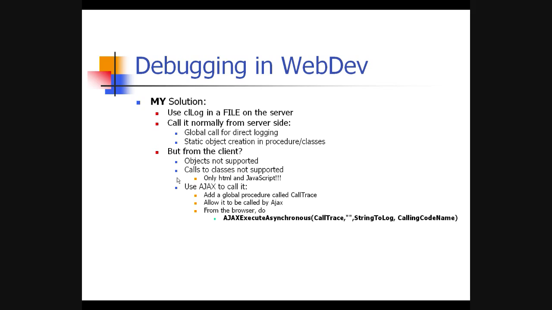Well, because one of the things that doesn't work in browser code is the debug info name of the calling code. It's all done automatically in the trace method if you're not passing it the name of the calling code. But as it doesn't work with browser code, you have to specifically put your calling code name. It's a little less practical than on the server side, but it's working.